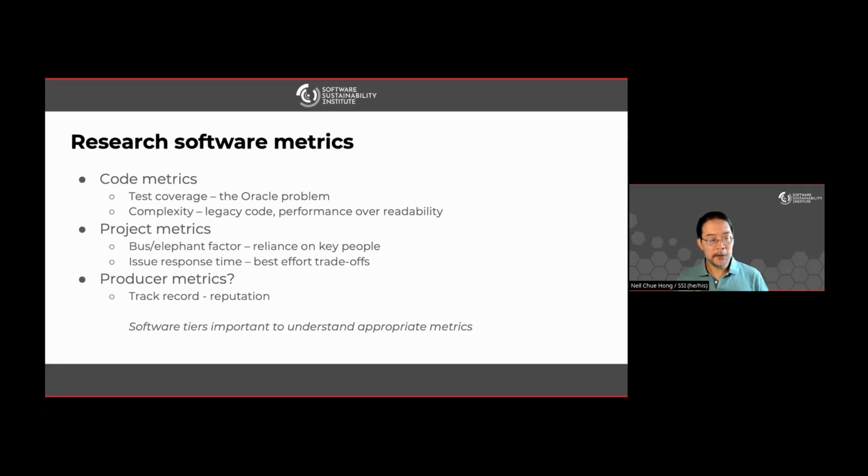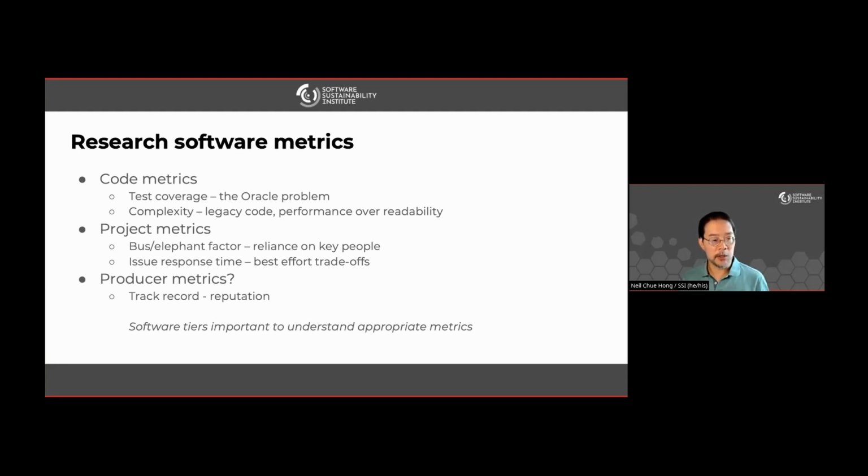There's possibly a third set of metrics as well that apply specifically, or certainly more commonly, to research software, and that's around producer metrics. The reason I say this is because in many cases, in the general software development world, what people care about is more whether the piece of software they're using is well built, of high quality, and does what it needs.